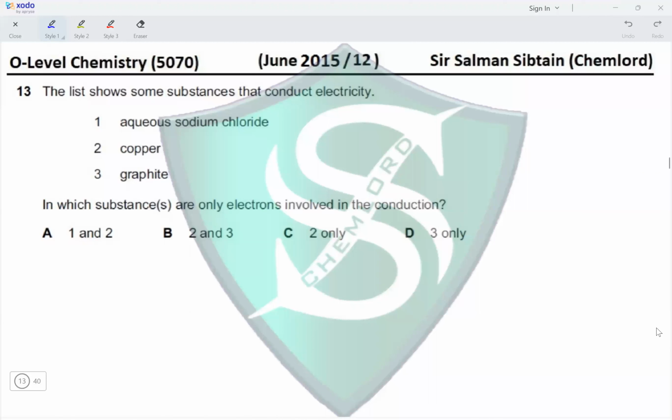Question 13. The list shows some substances that conduct electricity: aqueous sodium chloride, copper, and graphite. In which substances are only electrons involved in the conduction? In aqueous sodium chloride, the conduction is done by Na+ (aq) and Cl- (aq) ions.